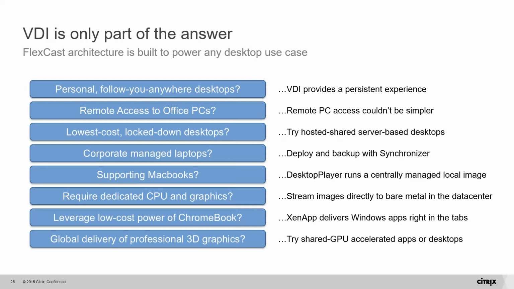So the storage cost to deliver a full VDI to every one of your users was definitely a lot for desktops, the same look and feel on a desktop operating system, but providing a server operating system on the back end.